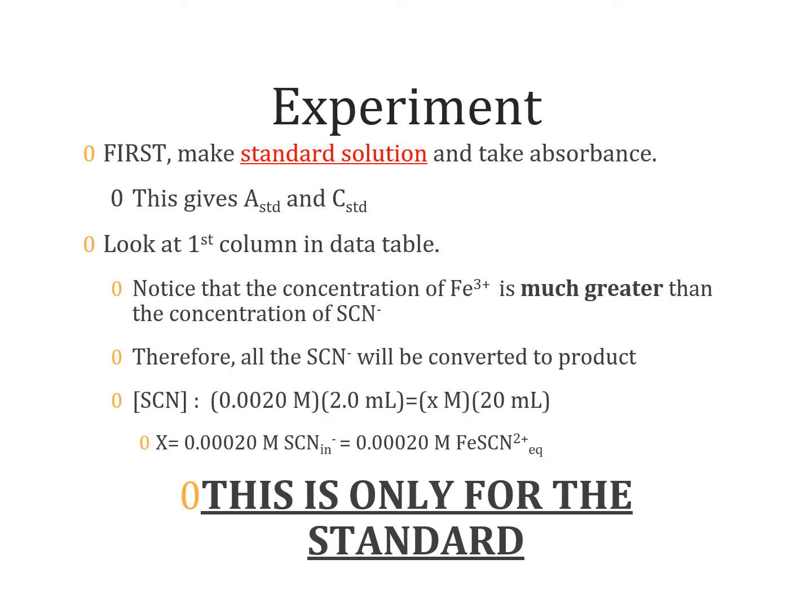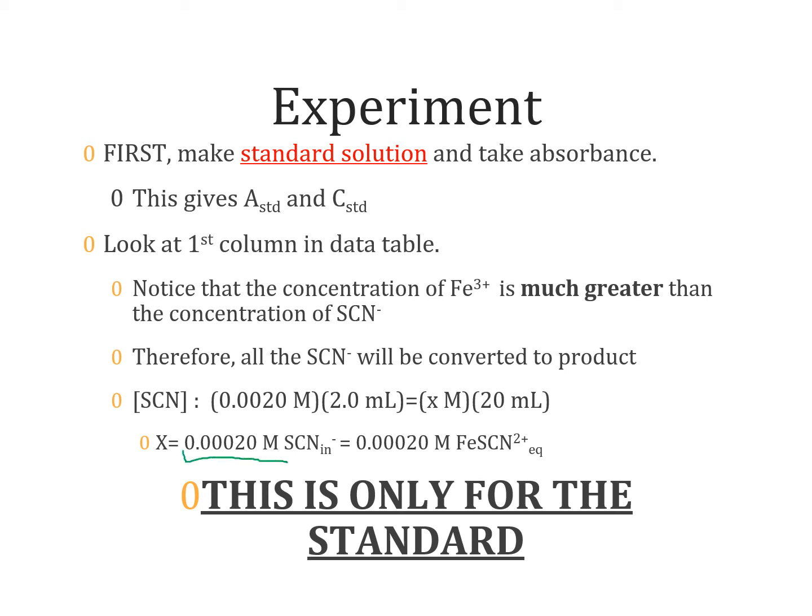Okay, so this one goes more into the details of what I just highlighted as important features for table 1. This gives you specifically the initial concentration of your thiocyanate and how all of it is converted.